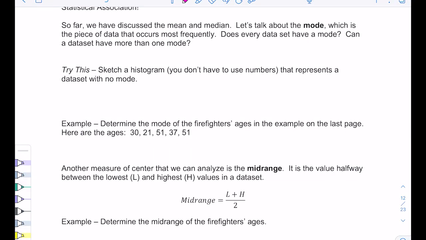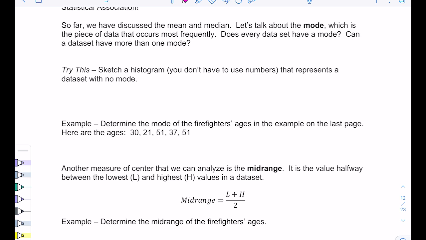Let's talk about the mode. The mode in a data set is the number that occurs the most. In the last section, we saw the modal class, which had the highest frequency, because that was the one that occurred the most. Does every data set have a mode? It doesn't have to. You can have a data set with no modes.